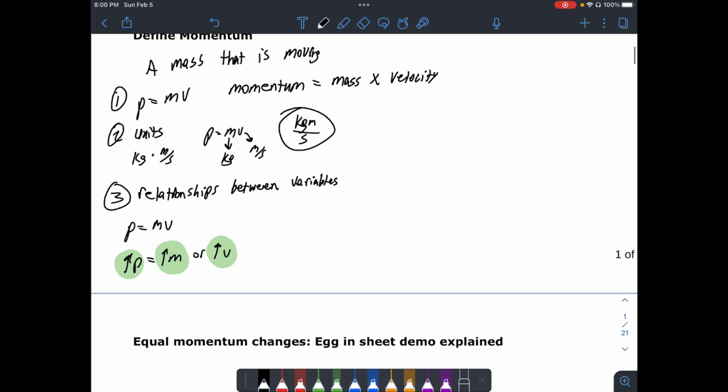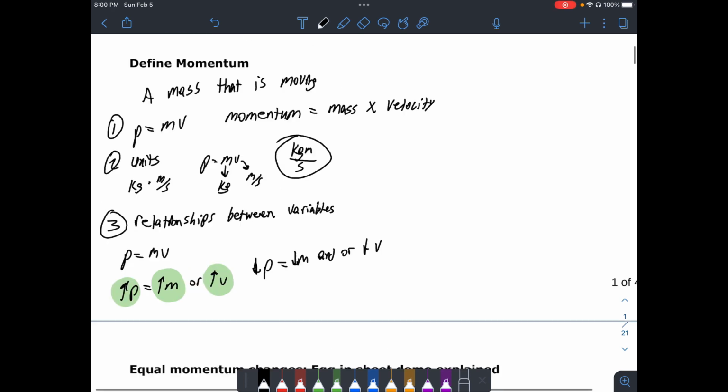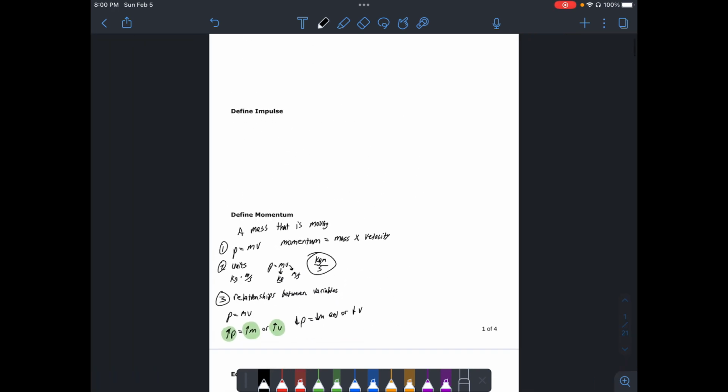Or vice versa, right? If we wanted to make P smaller, we could decrease our mass, or velocity, or do both or just one. So that's momentum.